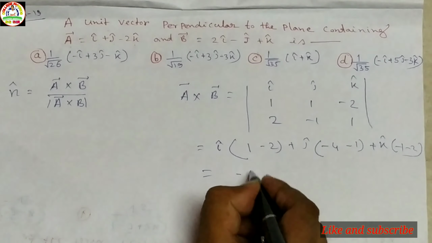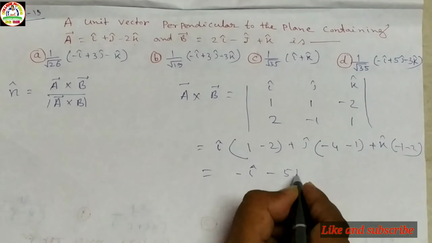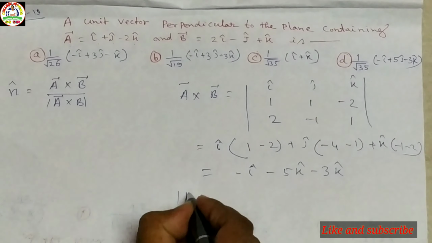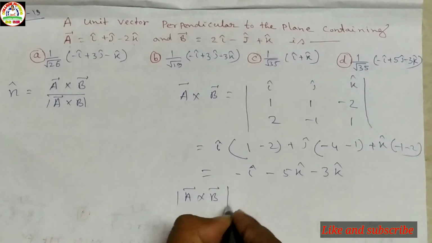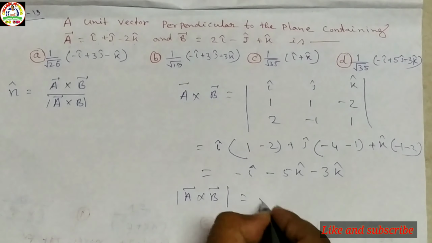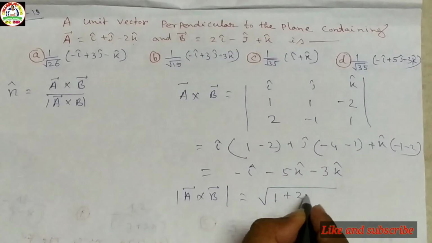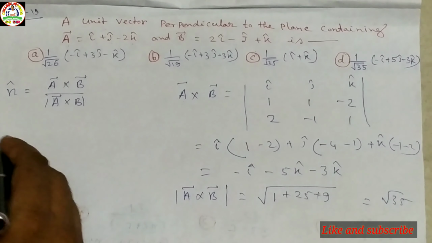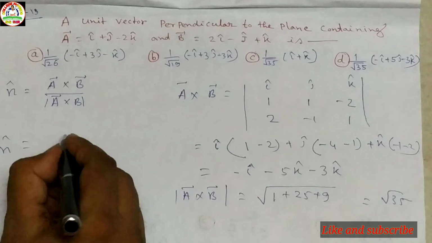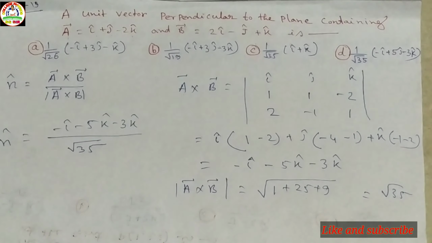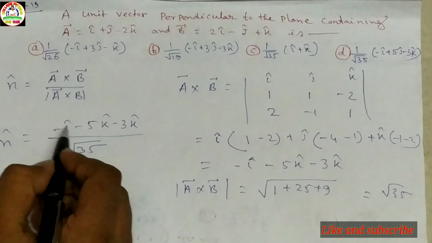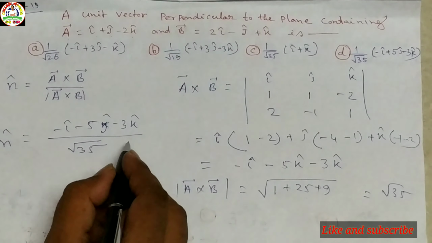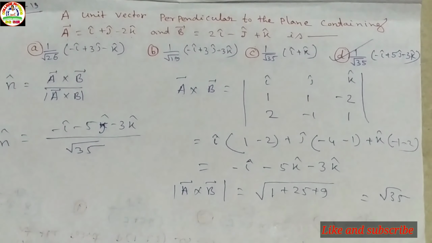So we get minus i cap minus 5j cap minus 3k cap. So mod of A cross B is equal to root of 1 plus 25 plus 9, equal to root 35. So the answer is n cap equal to minus i cap minus 5j cap minus 3k cap by root 35. So answer D is correct.